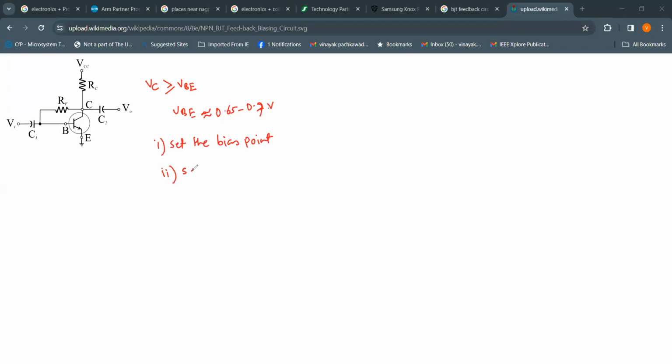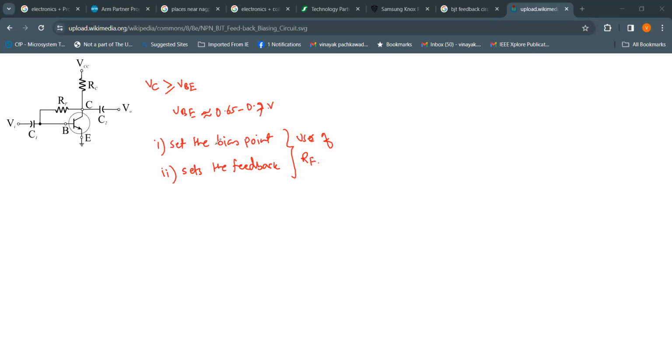Second, it sets the feedback in the circuit. So these are the uses of resistor RF, which is the feedback resistor, or we also call it the bias setting resistor.